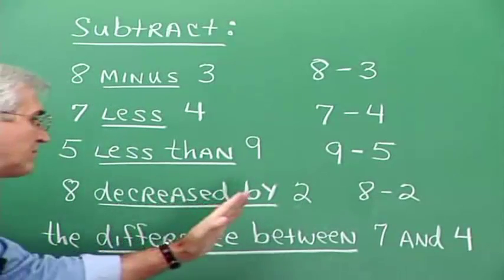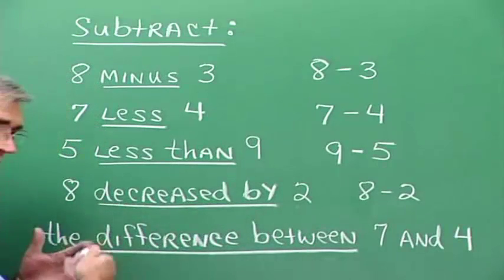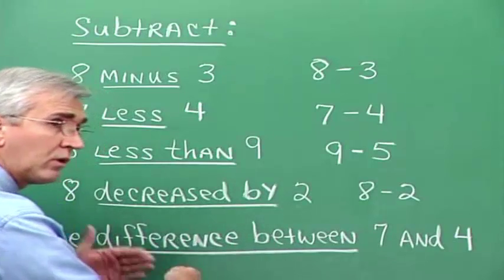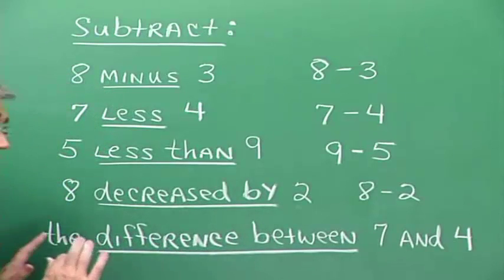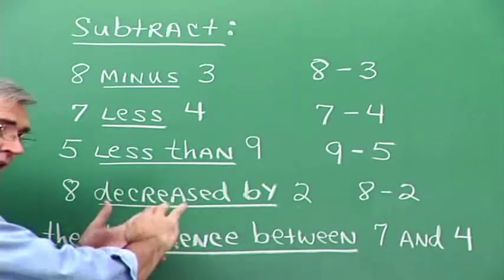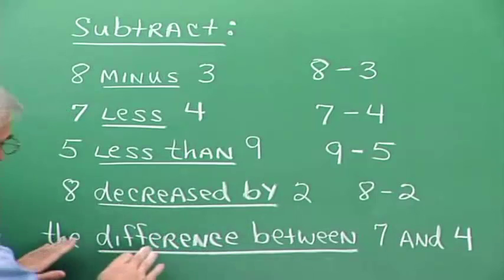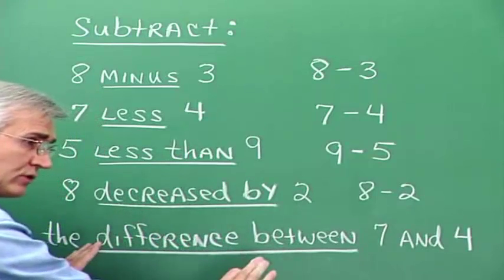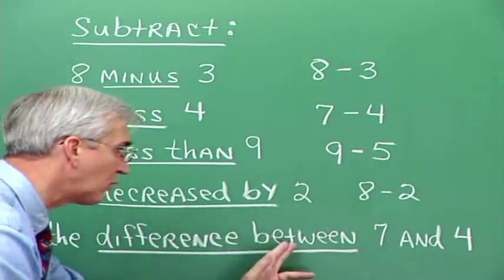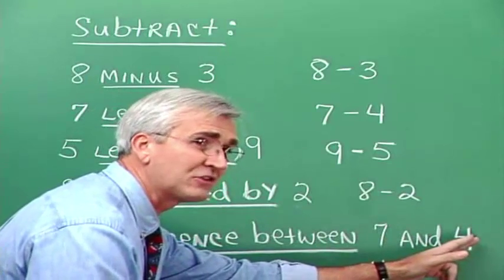The difference between a couple of numbers. Now, difference is the answer in a subtraction problem, so it's no surprise that difference between would lead to subtraction. The real trick is to write the numbers being subtracted, the minuend and subtrahend, correctly in the problem. When difference between is used in a word phrase, the very first item after difference between is the minuend, and the second item is the subtrahend.